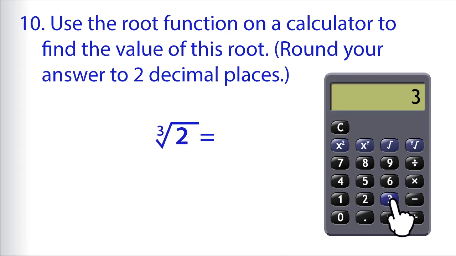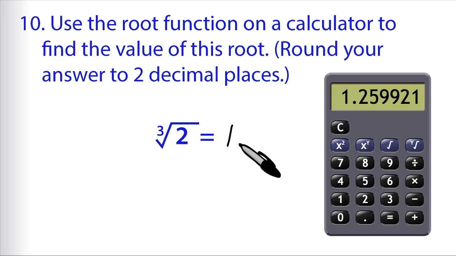So we type in the 3, then equal, and we have 1.259921, and the digits would keep on going, of course, but we only need to show 2 digits, so we need to round it. It's 1.25, but because that's a 9, we'll round that up. So we'll put 1.26. So the cube root of 2 is 1.26.